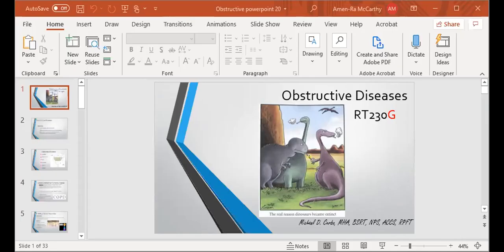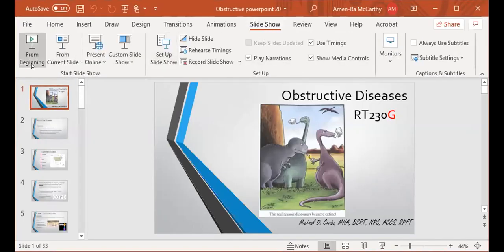All right, but I gave y'all the note-taking guide. You should have the note-taking guide for obstructive disease. It's 18 pages. It says obstructive disease. It's one for obstructive and restrictive. Mute your mic. I said mute your mic.